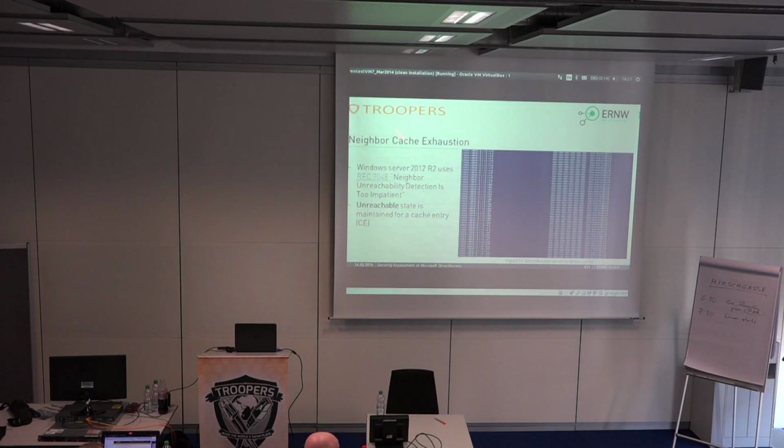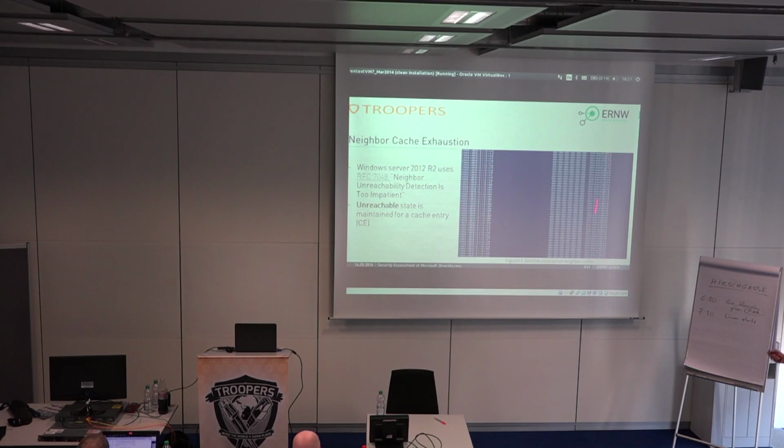So this is what I told you about the neighbor cache exhaustion that might happen, because it follows RFC 7048, and here is the unreachable state. Here all the layer 2 addresses are zeros, because as I said, IPHTTPS actually doesn't use any information from layer 2. The entries are just pure IP version 6 addresses.